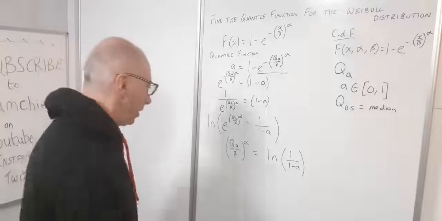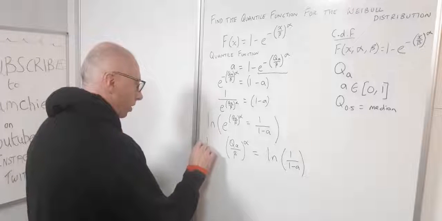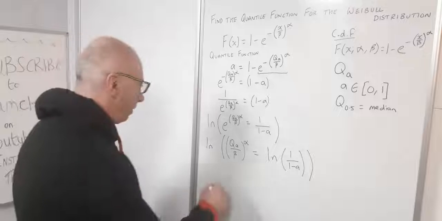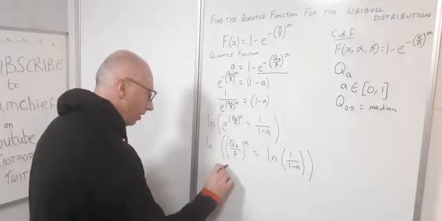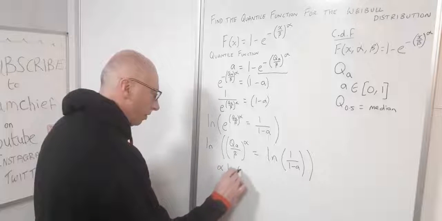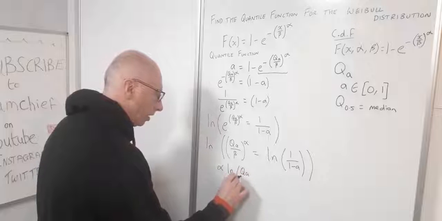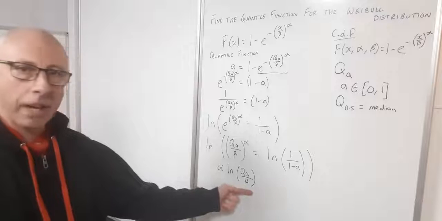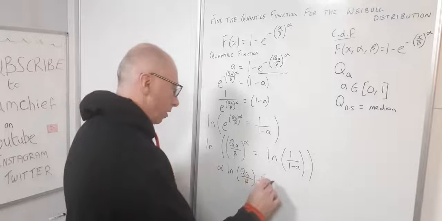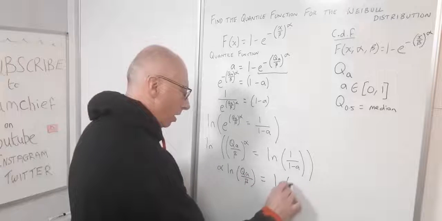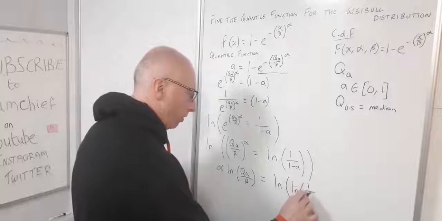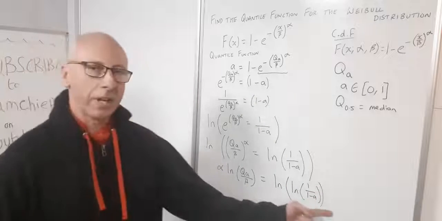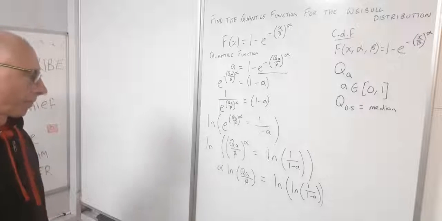So taking the natural log again of all of this, I will now have alpha times the natural log of Q_A over beta. And this time we'll have the natural log of 1 over 1 minus A. So that looks like a bit of a handful to take care of.